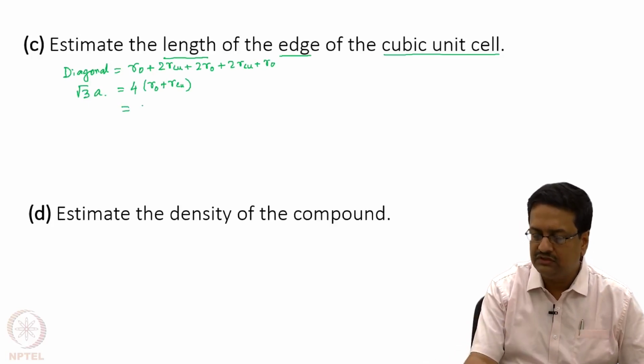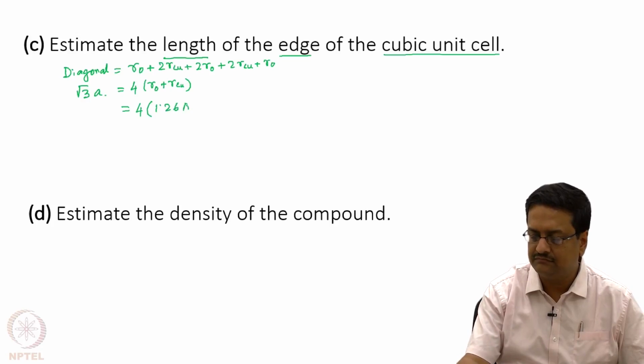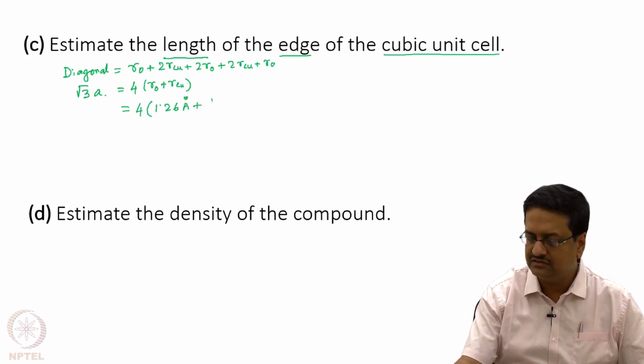So now the values for R_O and R_Cu are given. R_O is 1.26 angstrom and R_Cu is 0.74 angstrom.